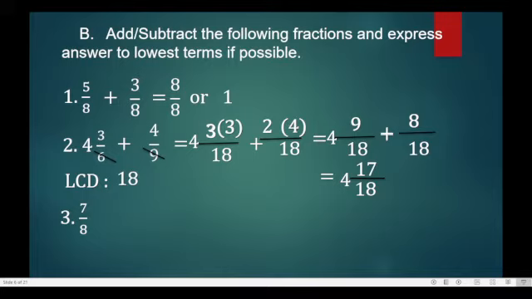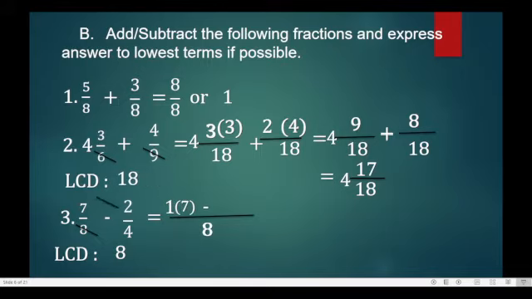And then we have 7/8 minus 2/4. They are dissimilar, so we have to get the LCD. And the LCD of 8 and 4 is 8. So 8 is the new denominator. And 8 divided by 8 is 1 times 7, minus 8 divided by 4 is 2 times 2.